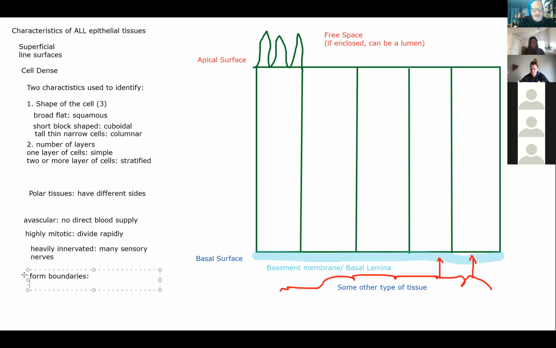So they are also going to allow absorption and secretion, moving things into or out of those surfaces. All right, I've done this here. Let's go back to the pretty picture and make sure we got everything.